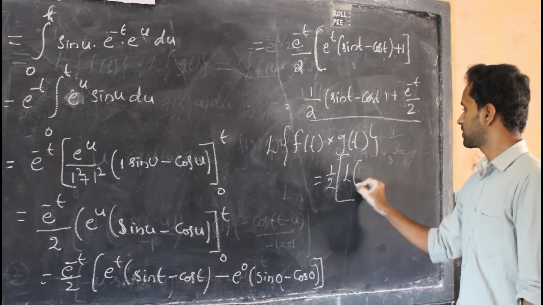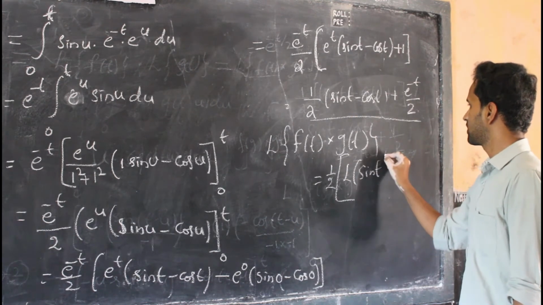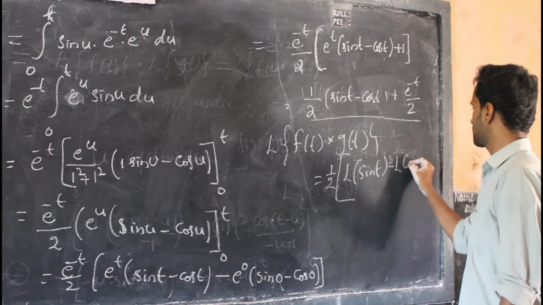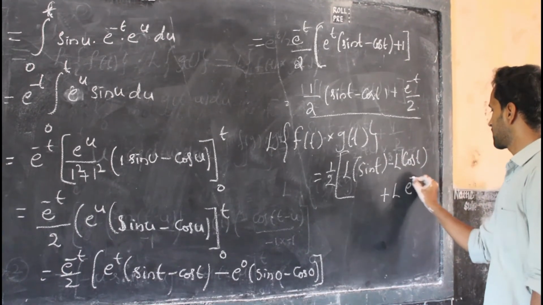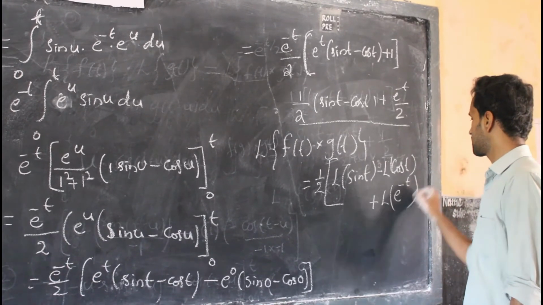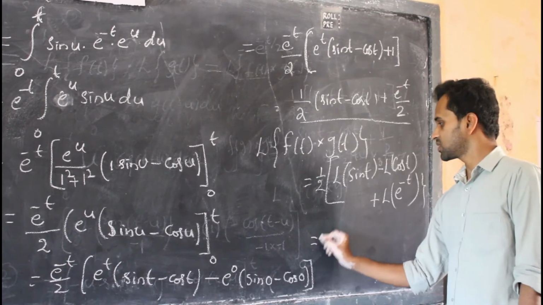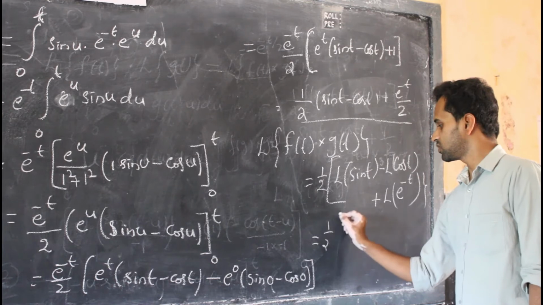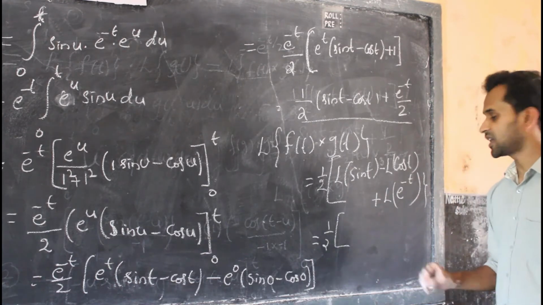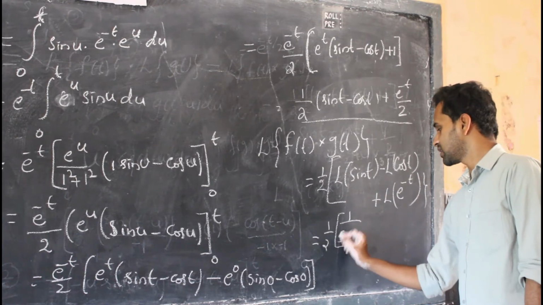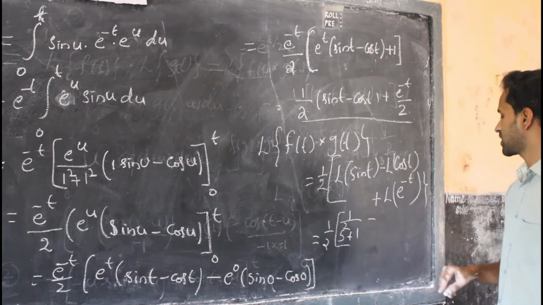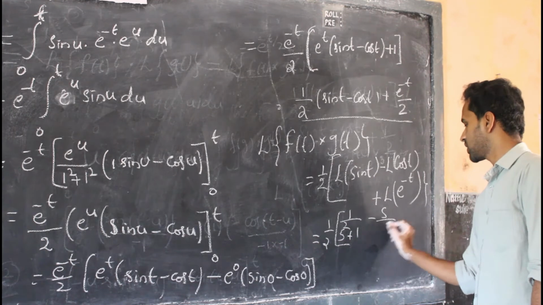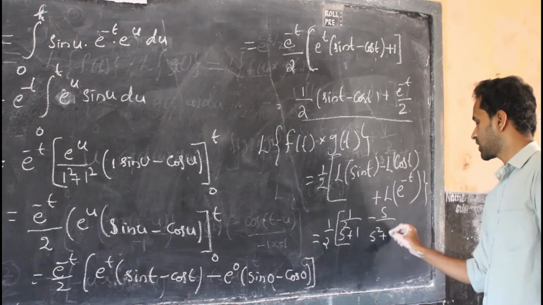Laplace transform of sin t minus Laplace transform of cos t plus Laplace transform of e to the power of minus t. So this becomes 1 by 2 into the Laplace transform of sin t, which is 1 by s square plus 1, minus the Laplace transform of cos t, which is s divided by s square plus 1.